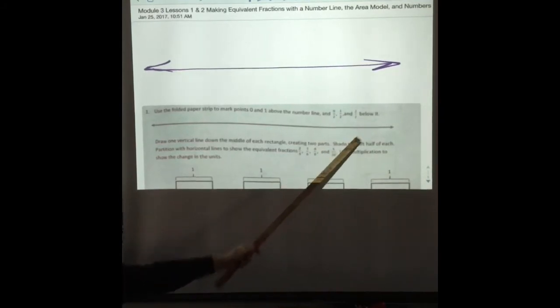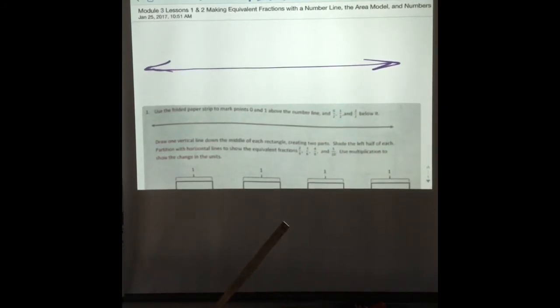Looking at these fractions, what do you think our unit is? 2. Our unit is 2. That's correct. So let's start here. I'm just going to put a line there. This is going to be 0. So what would go over the 2 here? That's right, a 0. And I'm going to make this really easy on myself.